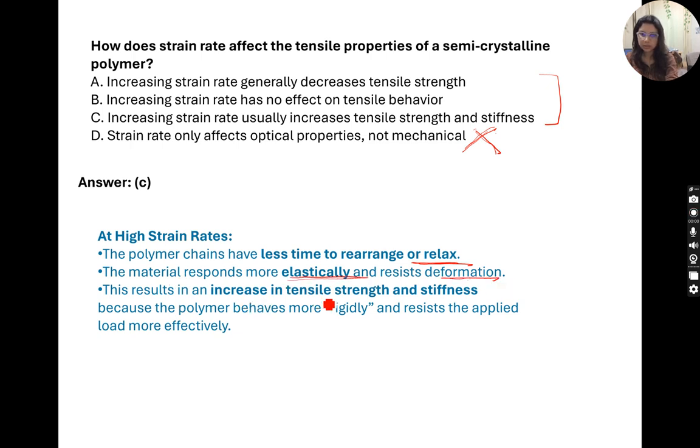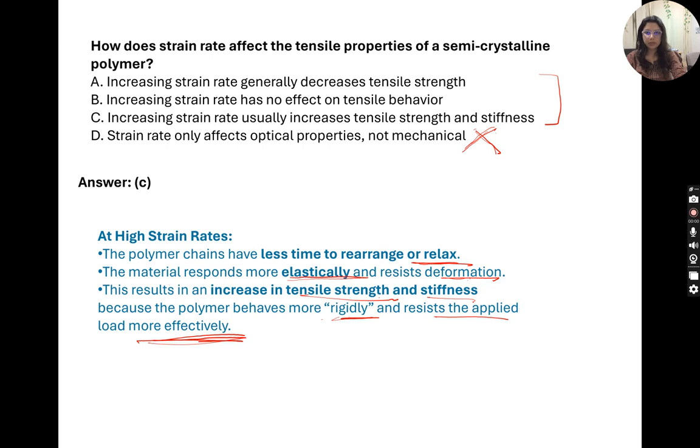This results in an increase in tensile strength and stiffness because the polymer behaves more rigidly and resists the applied load more effectively. When the polymer does not have time to rearrange, it shows more elasticity, the tensile strength increases, and the stiffness increases too. That's how the semicrystalline polymer behaves at a high strain rate.